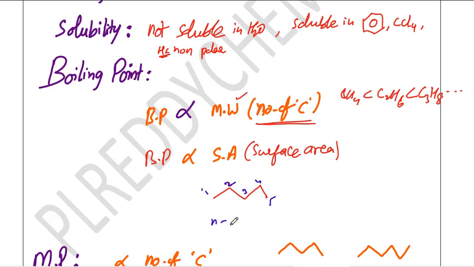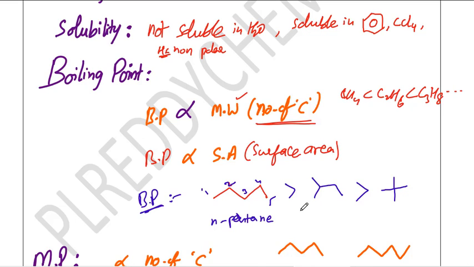This is n-pentane. N-pentane has a higher boiling point than isopentane, 1, 2, 3, 4, total 5. Isopentane has a higher boiling point than neopentane. This is the boiling point order.